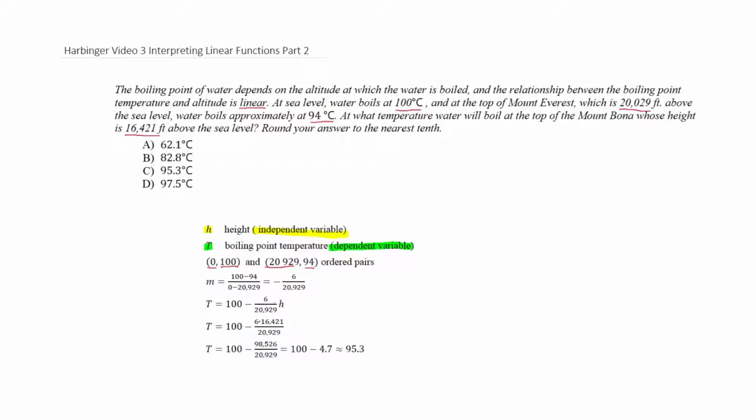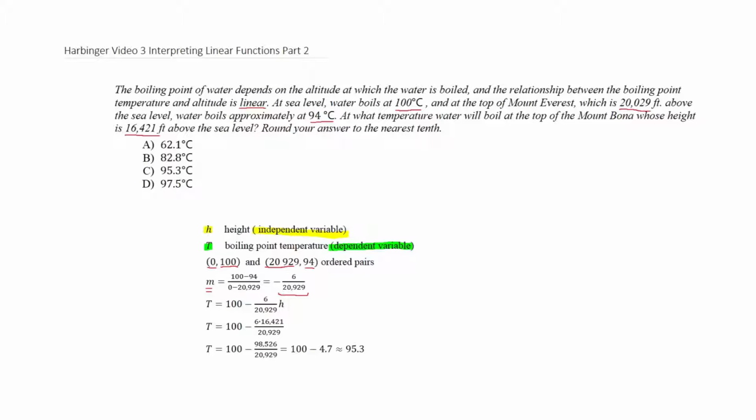The points are 0, 100, and 20,929 and 94. Why 0? Because the sea level is considered to be 0 altitude. After we plug these points into the slope formula, we find that the slope is equal to negative 6 over 20,929.